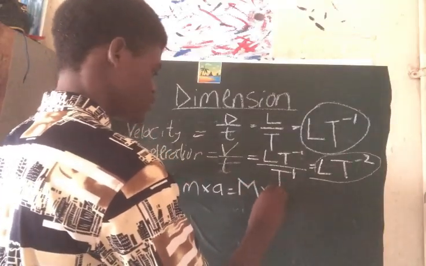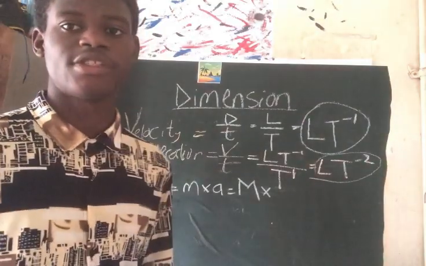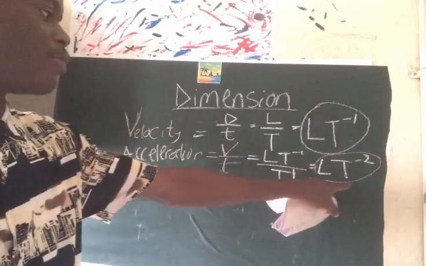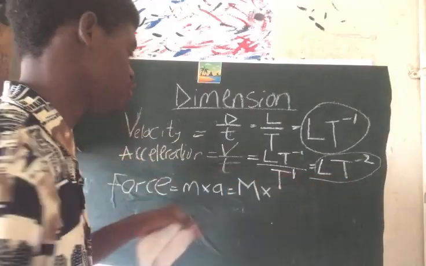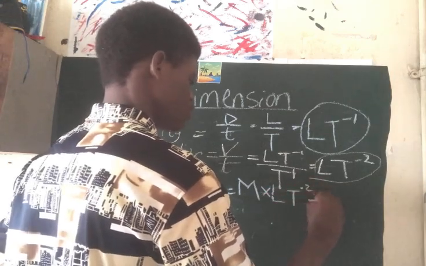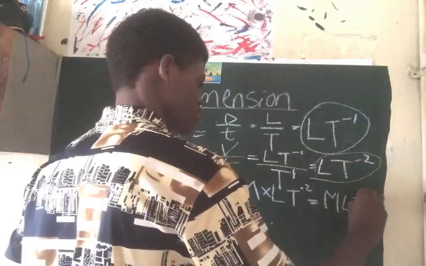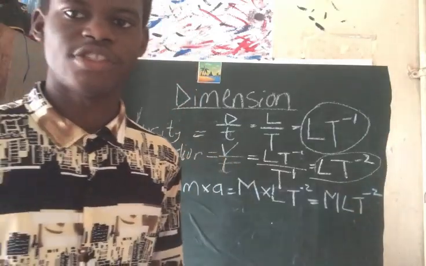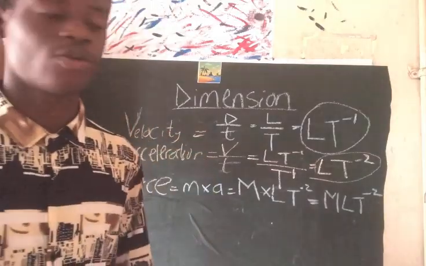But acceleration is not a fundamental quantity, so we need to represent it in the fundamental symbols. Since we already know the dimension for acceleration, let's just input it straight. So that's L T raised to the power minus 2. So the dimension for force is M L T raised to the power minus 2. So that's just the easy way of getting the dimension for any quantity.